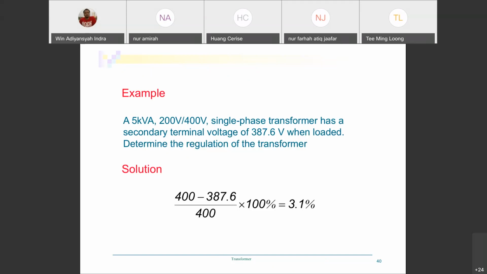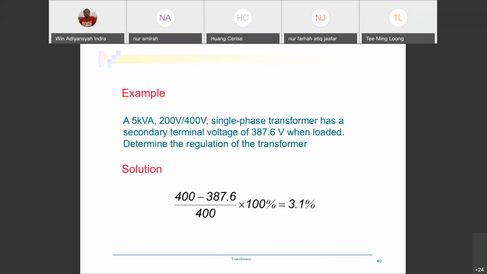But in our second or third lab, the fourth one, it was open circuit and short circuit. So: a 5 kVA, 200V/400V single phase transformer has a secondary terminal voltage of 387.6 when loaded. Determine the regulation of the transformer.